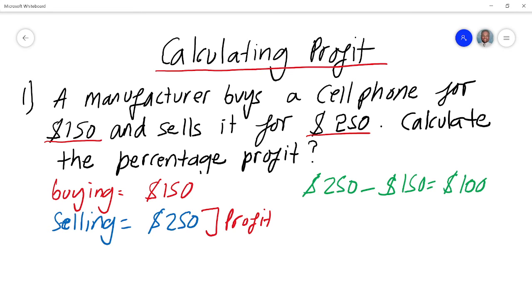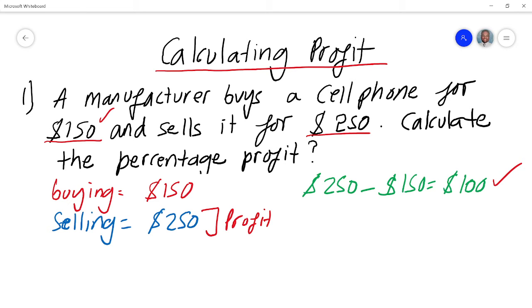But the question is asking you for a percentage profit. If the question asks what the profit is as a dollar value, that becomes $100. But what you want to do is find the percentage profit. Remember, from my previous video, when finding the percentage change, you get the difference, and your denominator has to be the original, what you start off with, which in this case is your buying price.